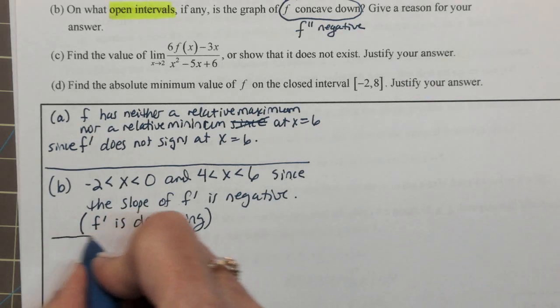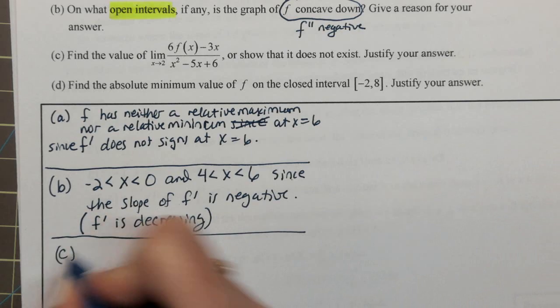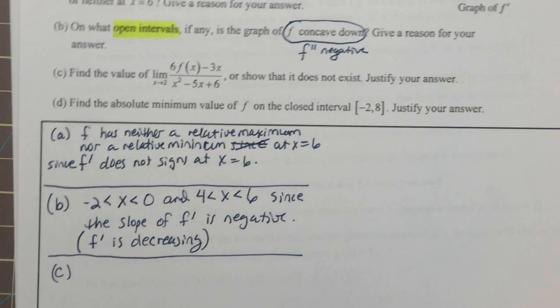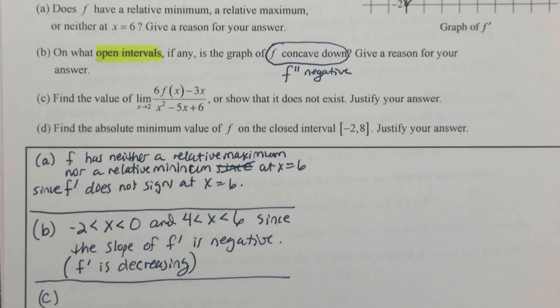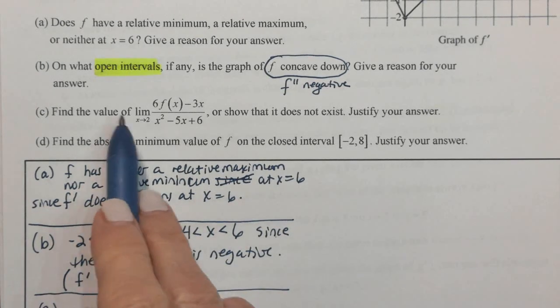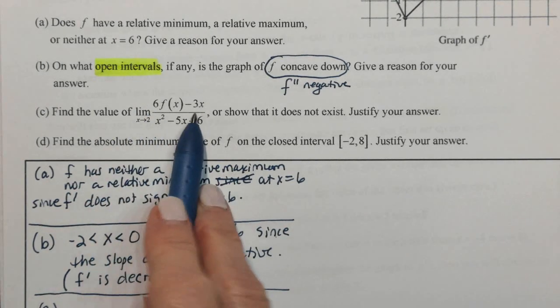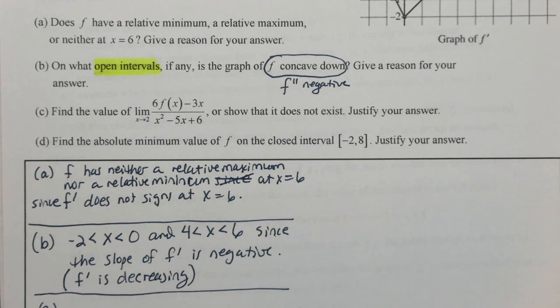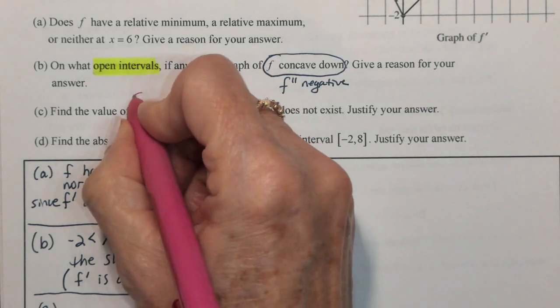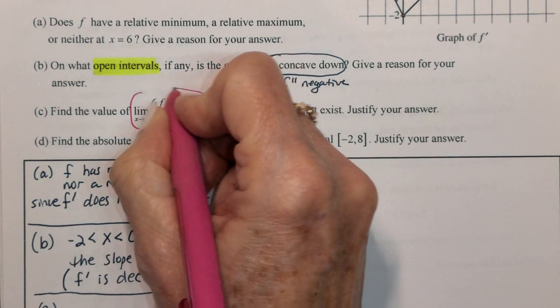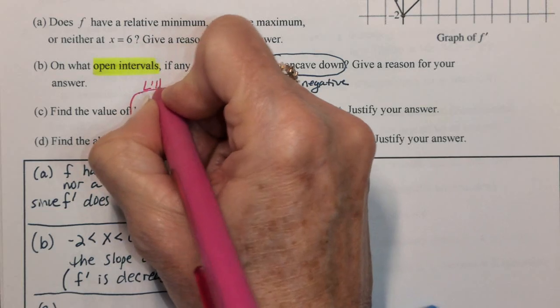All right. Part C. So far, I feel pretty good about this question. Part C. Find the value of this limit, or show that it does not exist. As soon as I see a limit, I expect to use L'Hopital's rule.